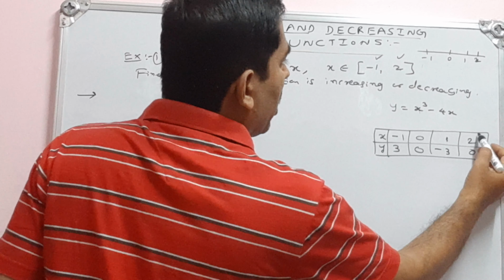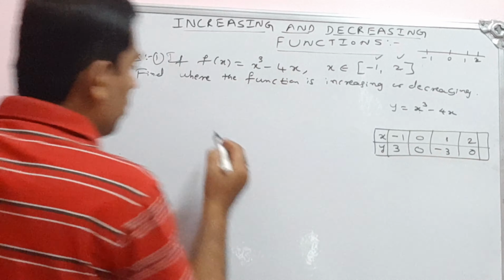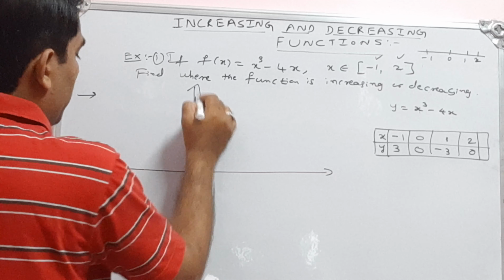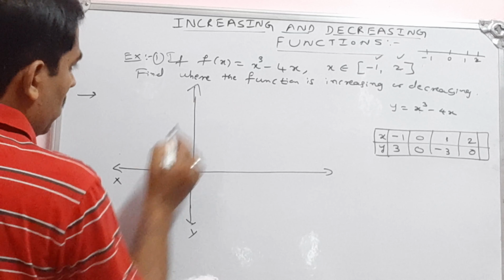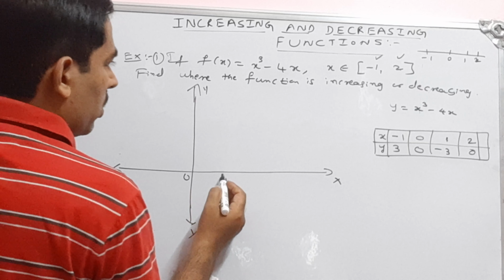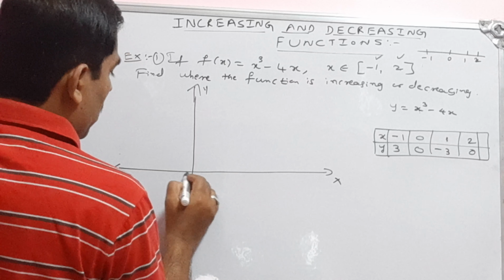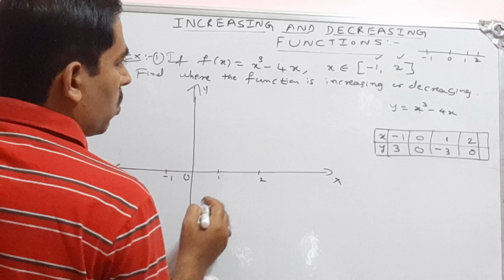You can give another value also here. Let me draw the graph. What are the values of x we have given here? Minus 1, 1, 2.